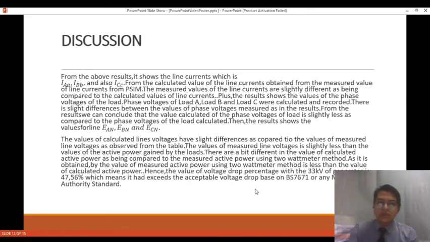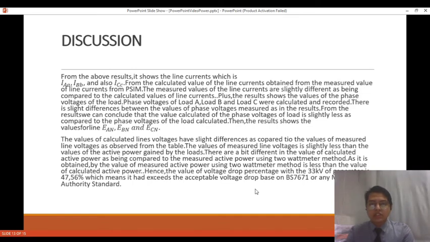For the discussion, from the above results it shows the line currents, which are IAA, IBB, and also ICC, from the calculated value of the line currents compared with the measured value of line current from PSIM. The measured values of the line current are slightly different as compared to the calculated values.